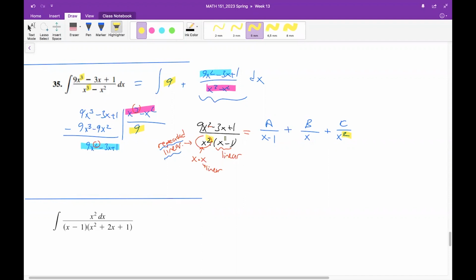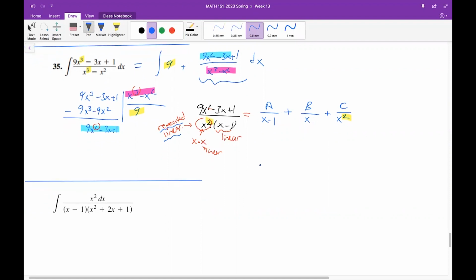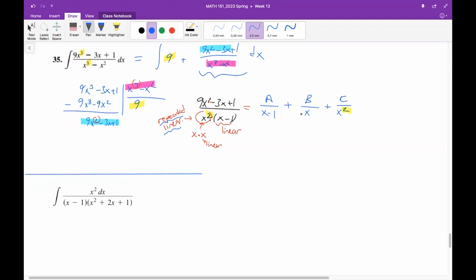Is that okay? And then, time to find A, B, C. How do we do that? We expand all those denominators to this common denominator. What is missing here is x squared. What is missing here is x times x minus 1, and x minus 1 is missing for the last term. So what do I have?